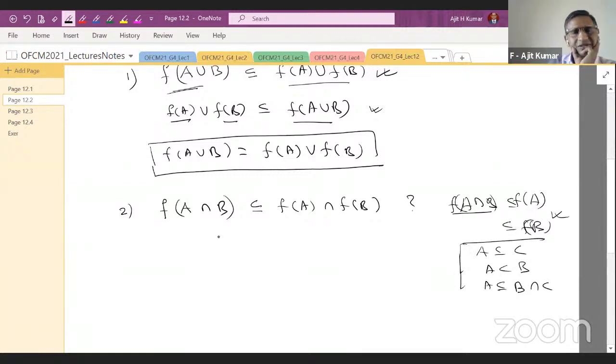So this is always true, no matter what the function is.